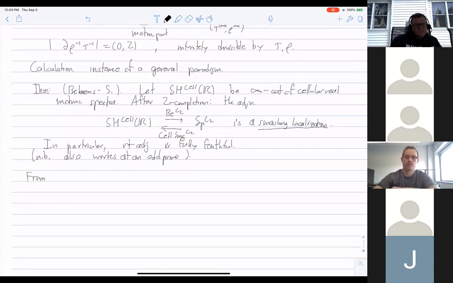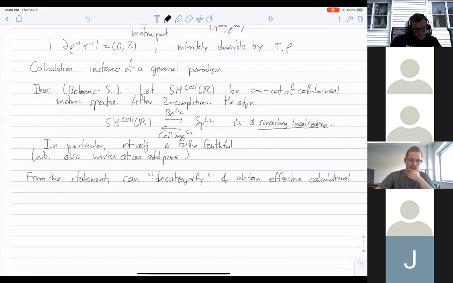So from this statement, I can decategorify and obtain effective computational methods that generalize the strategy I described for you for computing HF2.